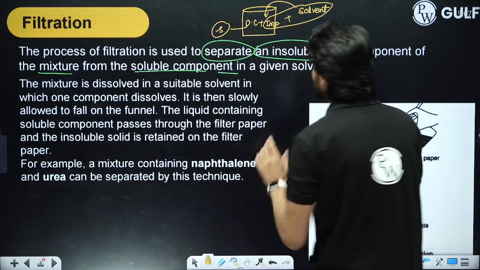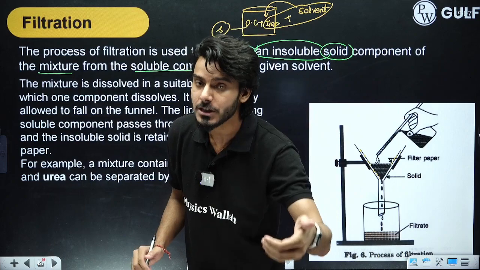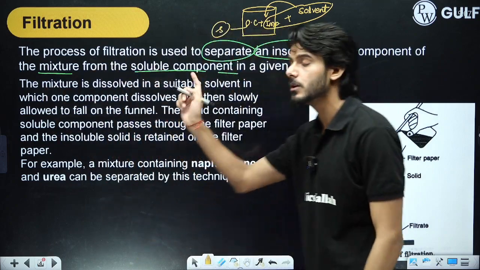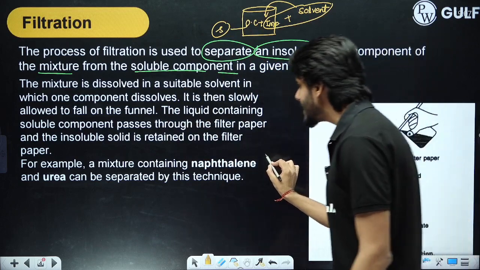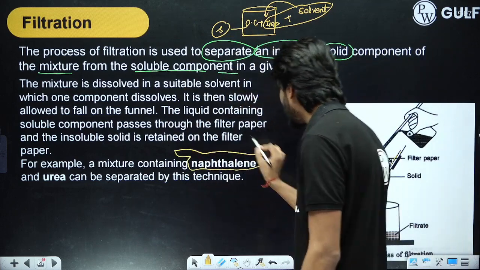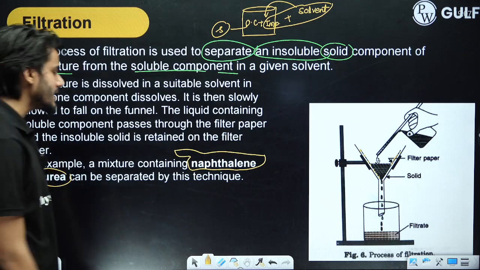So in filtration, you have to make sure that either the impurities or the organic compound is completely soluble in the solvent and the other one is not. For example, naphthalene and urea can be separated by this technique. Why?